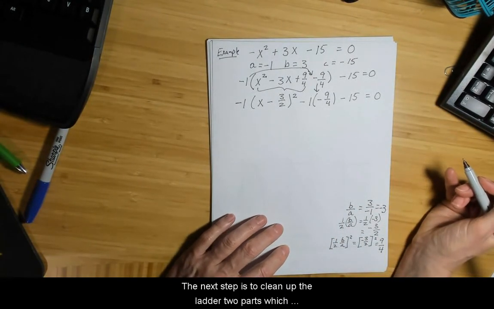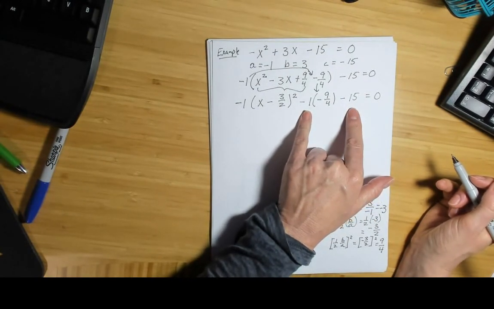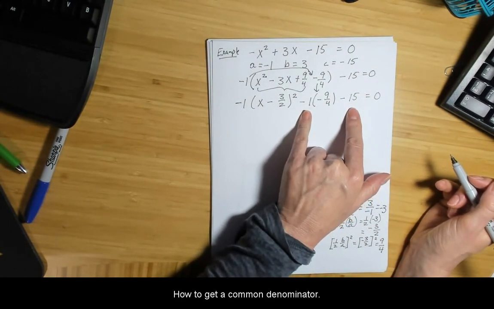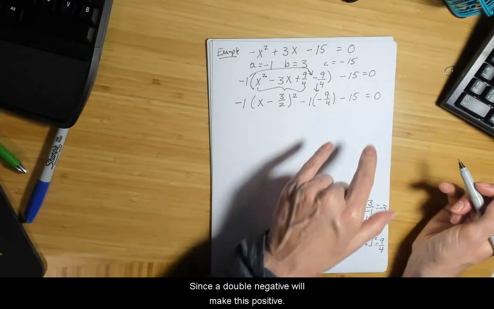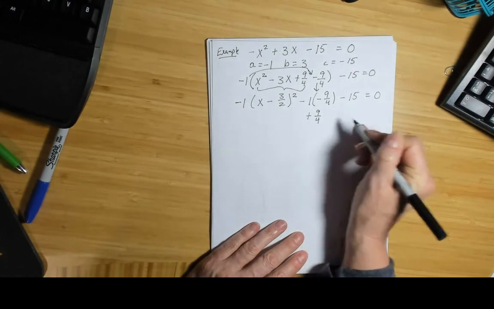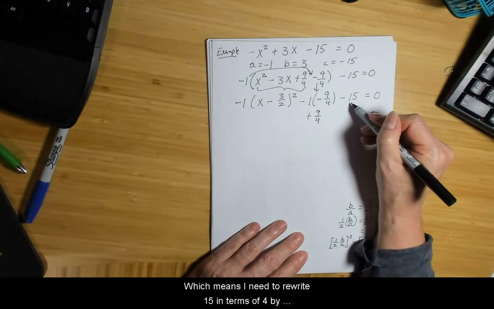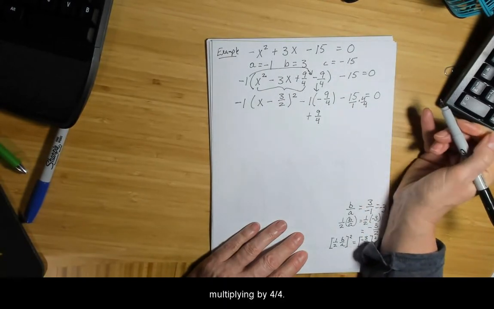The next step is to clean up the latter two parts, which will always be constants, and to get a common denominator. Since a double negative will make this positive, this will give me a plus 9 over 4, which means I need to rewrite 15 in terms of fourths by multiplying by 4 over 4.